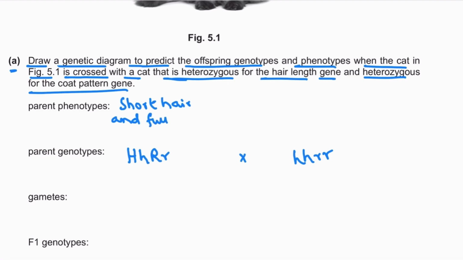Full color is the dominant trait and short hair is the dominant trait. And the cat in figure 5.1 is homozygous recessive with both recessive phenotypes. So it has long hair and is pointed, which means that the pigment is only in specific regions of the body.